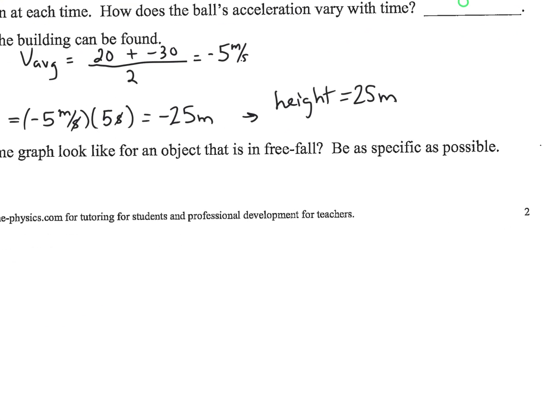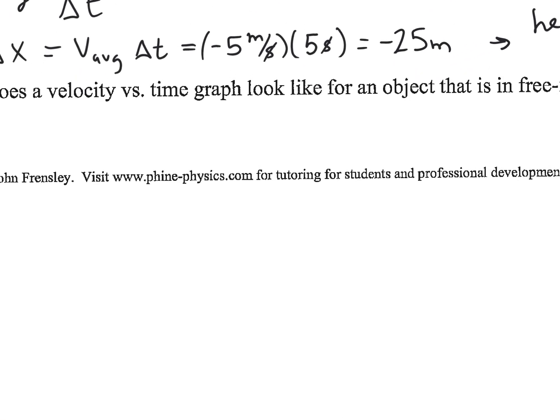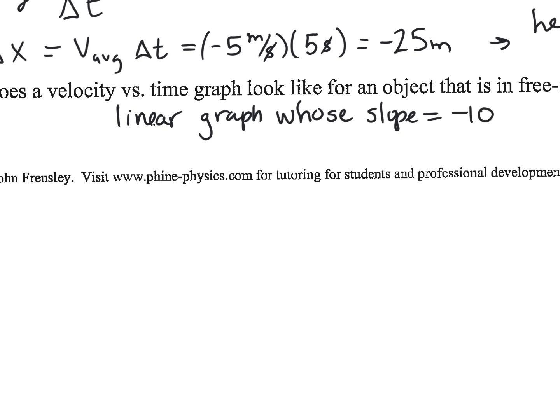So it is a linear graph whose slope equals -10. Or technically -9.8, right? Are we good with this so far? Throw a lot of information at you, but it's kind of interesting if you think about it.